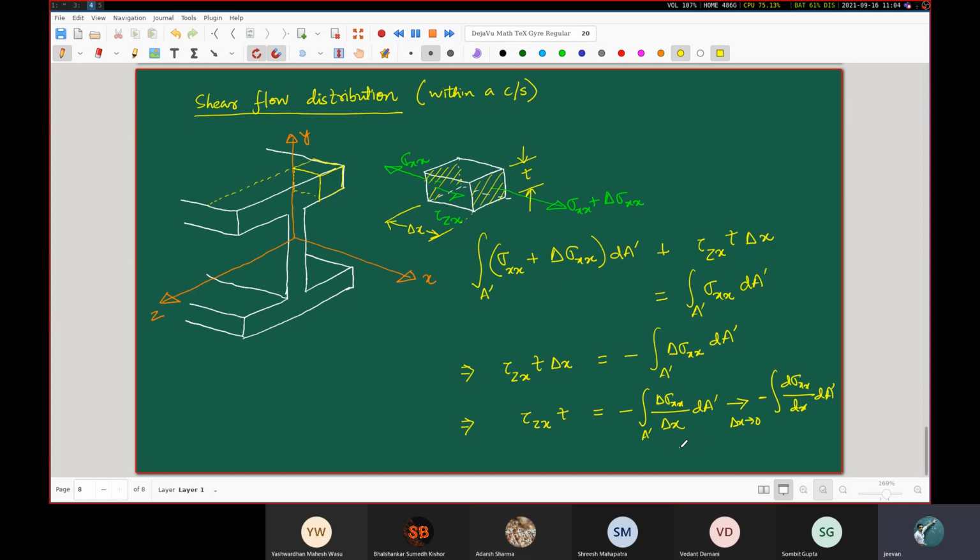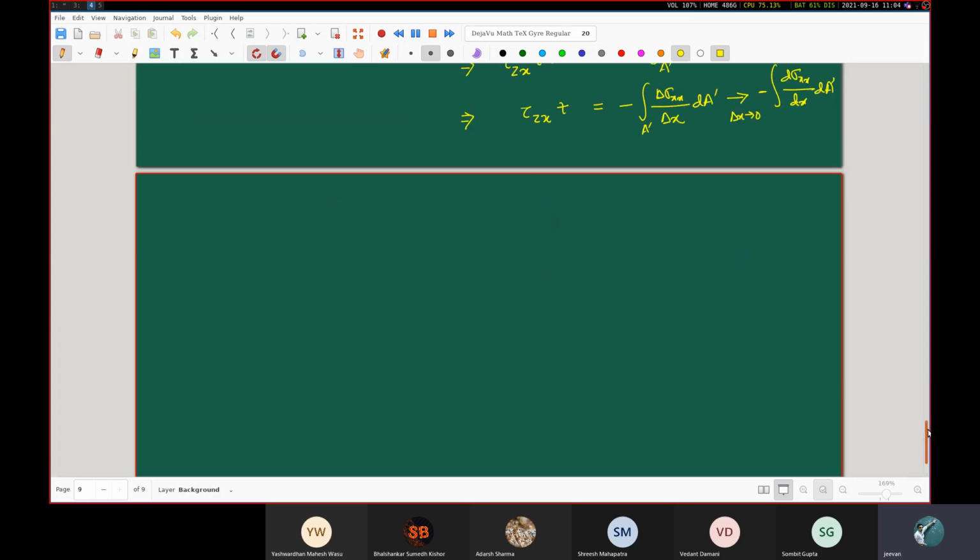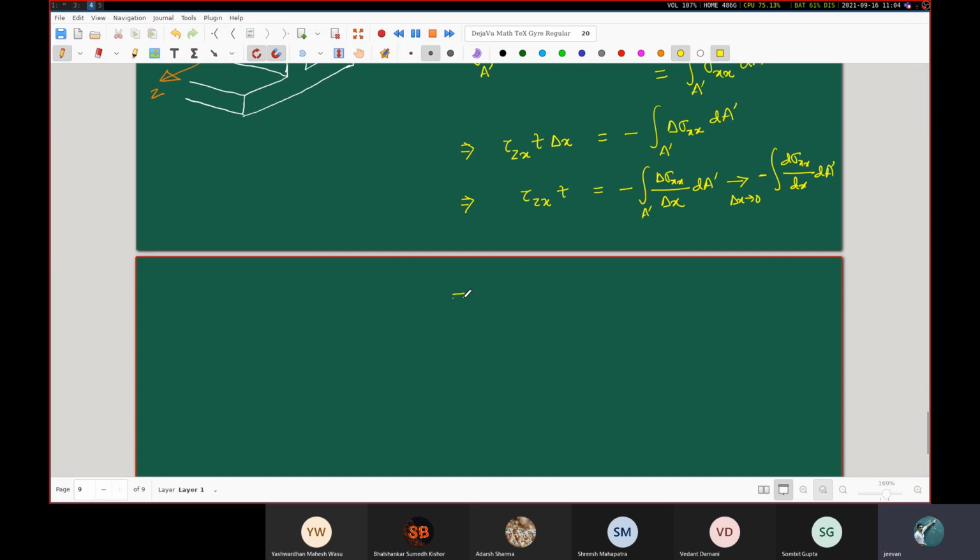We move on to the next page. Tau zx T is equal to, so from here we are going to obtain d dx. So sigma xx is equal to minus My by I. This is from our earlier chapters. So this is exactly following the kind of derivation that we had done earlier for the tau yx.